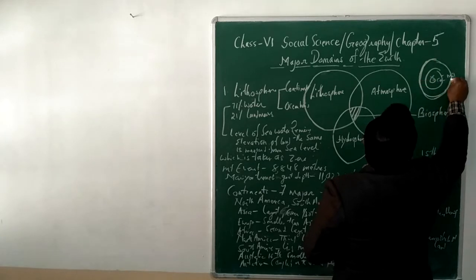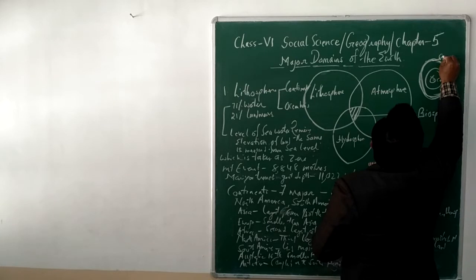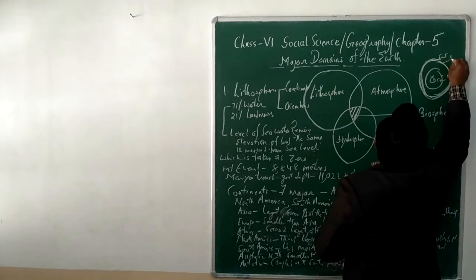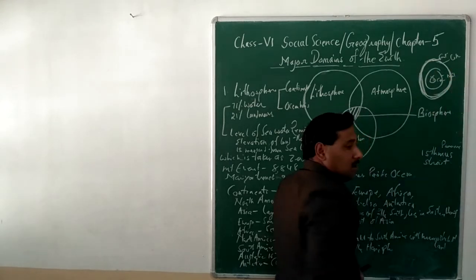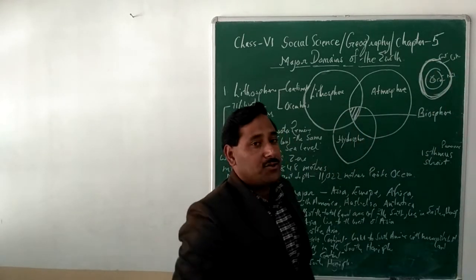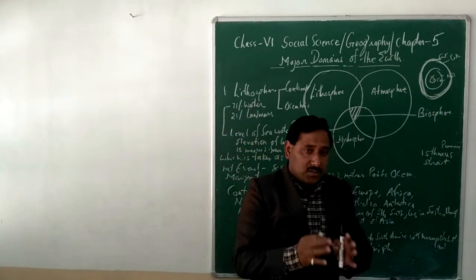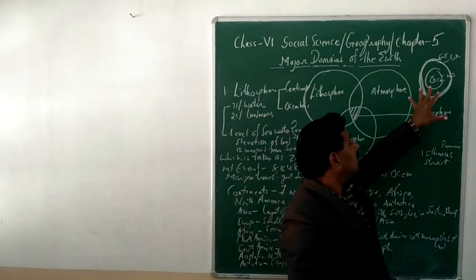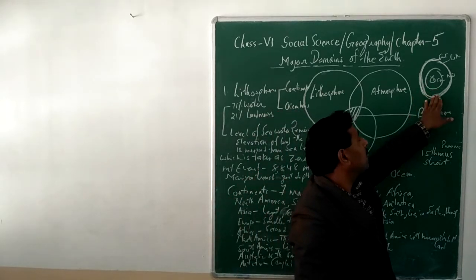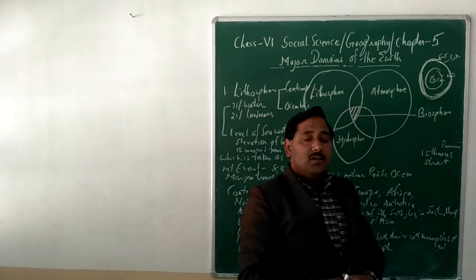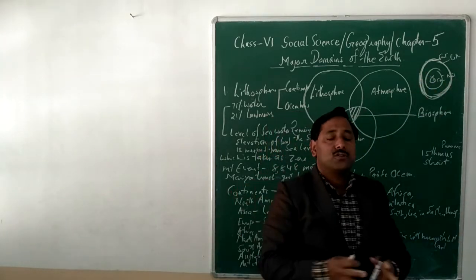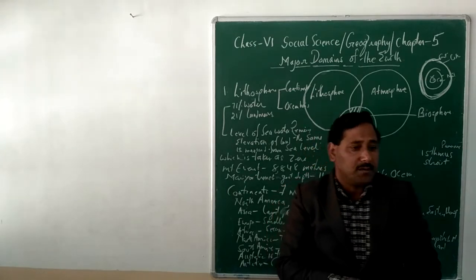This is your solid portion. If we discuss the three different layers of the Earth, the upper part, the crust, is your lithosphere. The solid portion of the Earth is the lithosphere.